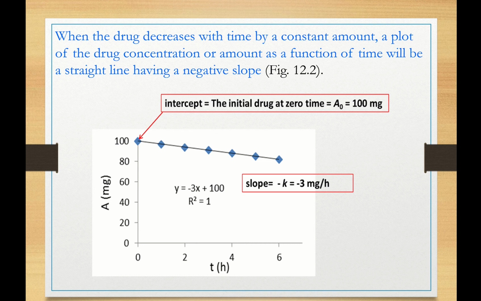In this case, though, I didn't plot concentrations, I plotted drug amounts. So here is the mass of a drug in the body or in the blood, and this is the time in hours. My equation here would be A equals A0 minus, because it's decreasing, KT.